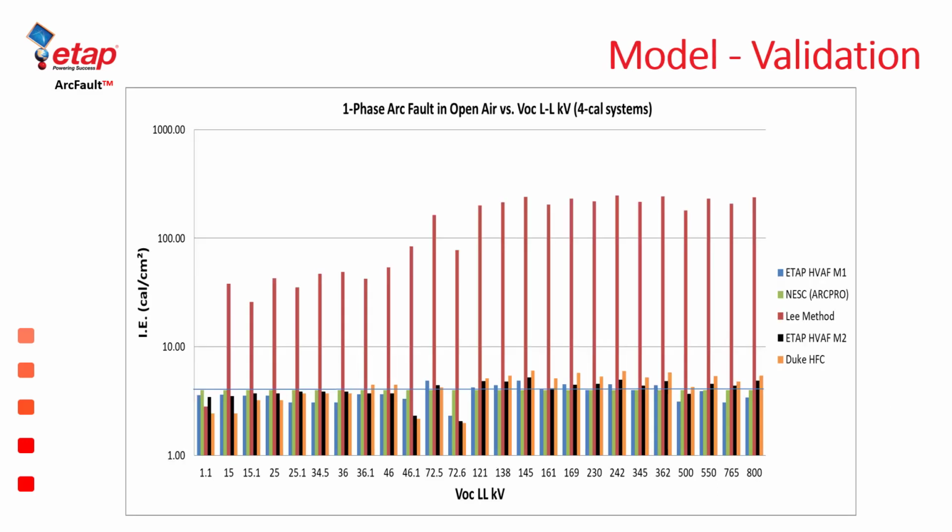So after all these hundreds of comparisons and validation tests against different models, we have arrived at the conclusion that ETAP ArcFault provides incident energy results for open air line to ground conditions within the reasonable margin as specified by different sources and standards.